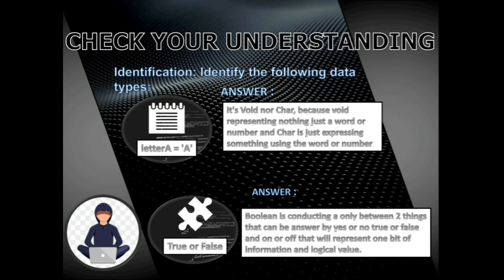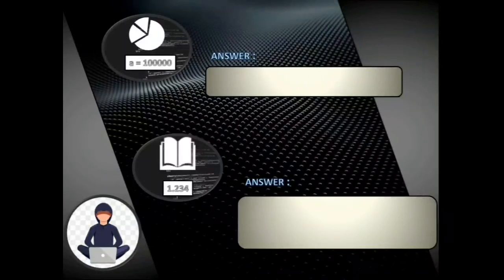True or false? Answer: Boolean is concerned only with two things that can be answered by yes or no, true or false, and on or off, that will represent one bit of information and logical value. A is equal to 100,000.